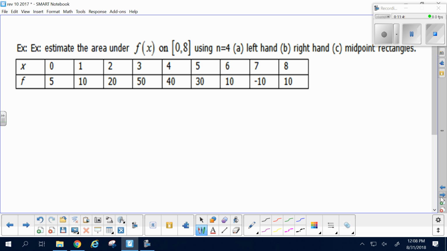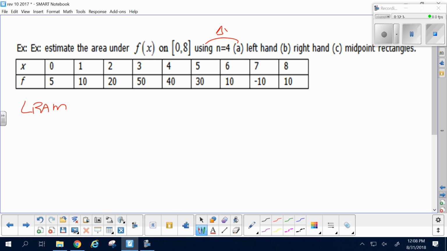Okay, moving along. Estimate the area using 4. So table practice. You need table practice. Okay. So left hand. If it's 4, then what's the delta x? 4 rectangles.